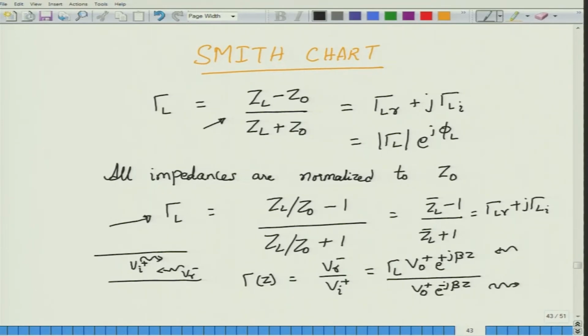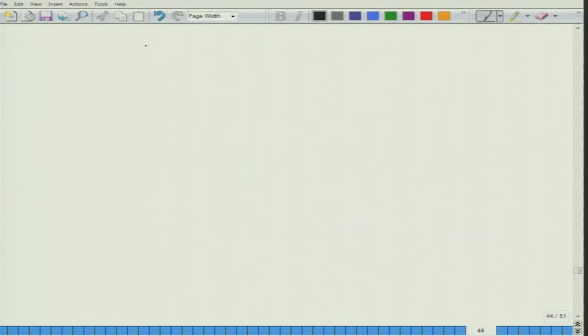Please note here that we have considered lossless transmission lines. Clearly we can cancel V0 plus, and what you get is the load reflection coefficient gamma L multiplied by e to the power j 2 beta z. Okay, let's rewrite this one.